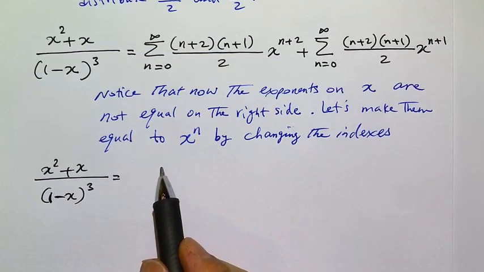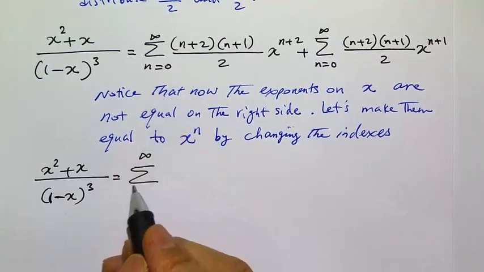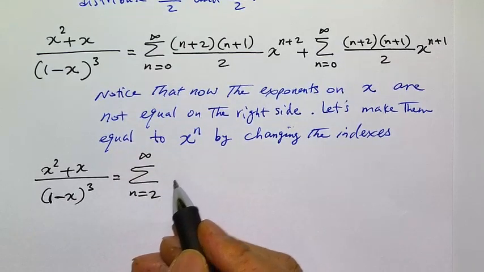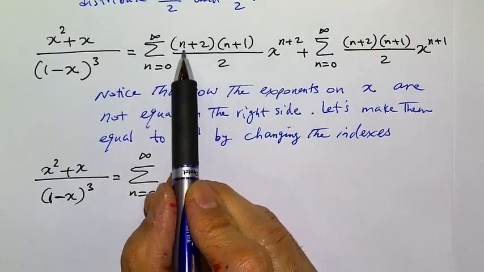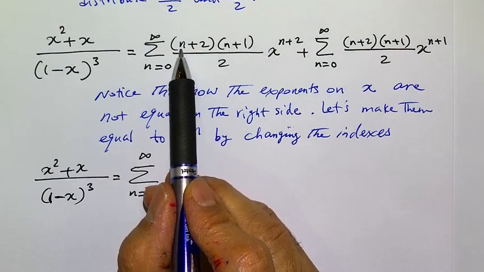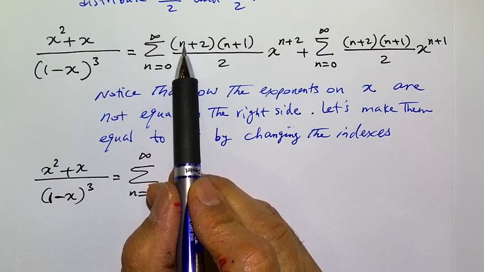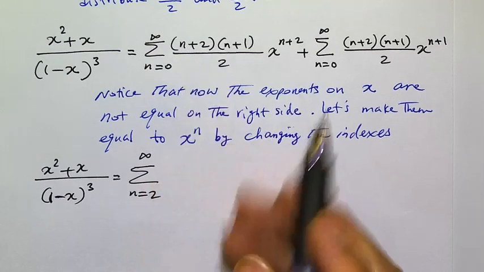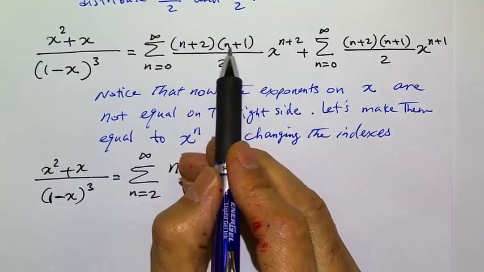And then we have infinity. So this will become 2. Right? And then we're going to replace each of these with n minus 2. So instead of n, we have n minus 2. n minus 2 plus 2, that'll be n.